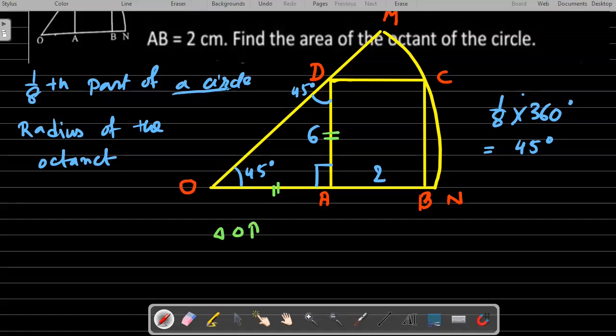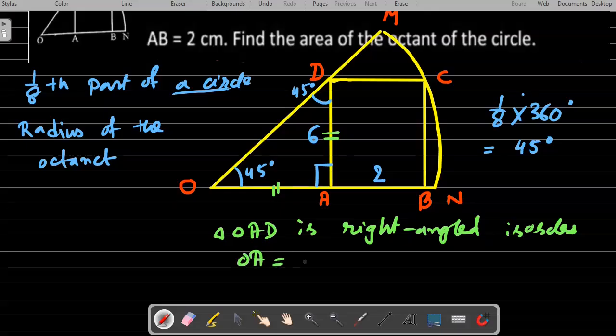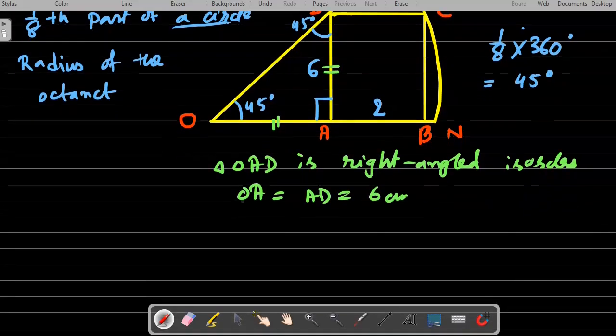Triangle OAD is right angled isosceles. Therefore OA equals AD equals 6 centimeter. So in place of OA, I write 6 centimeter.